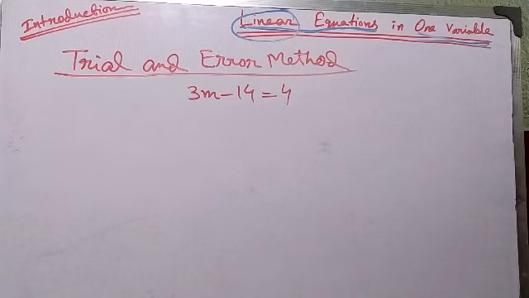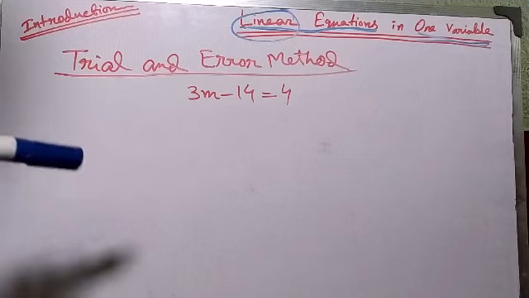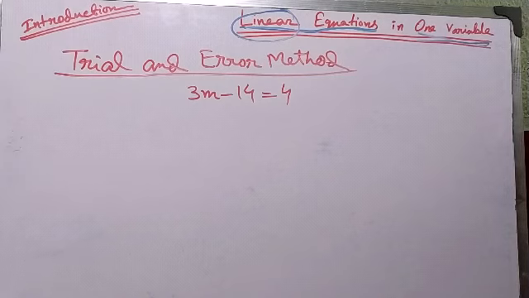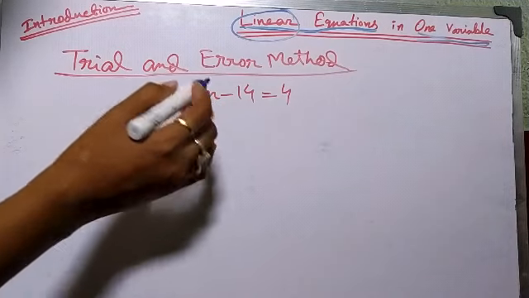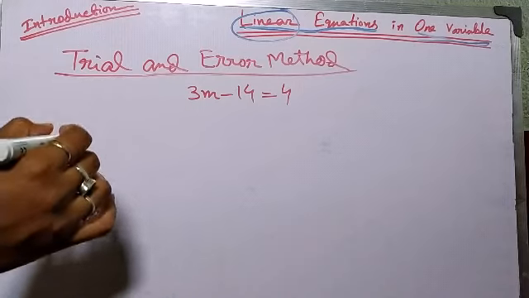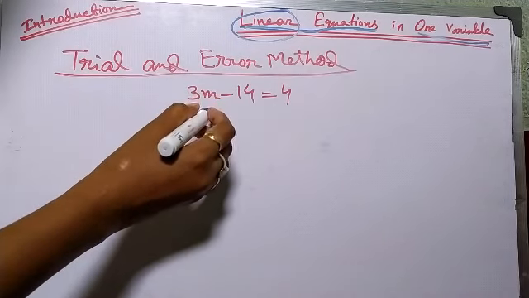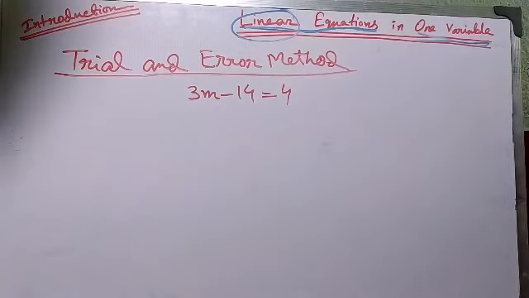So now coming to this topic, that is trial and error method. This is one of the ways to find out the root of the equation, or the solution of this equation. Root means the solution. That means what will be the value of m, that is the solution of this equation, and that is also called the root of the equation.